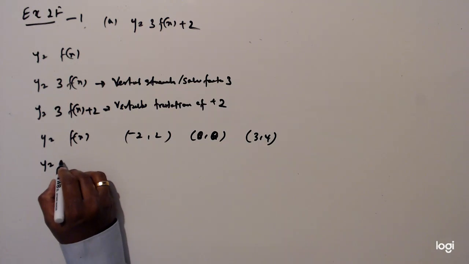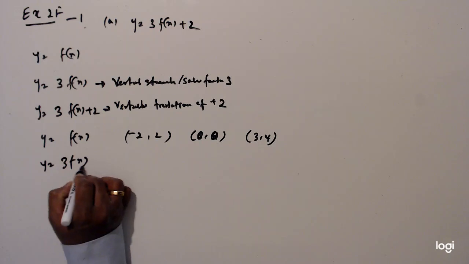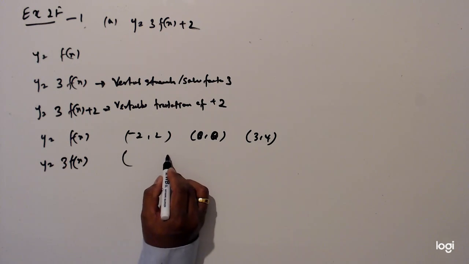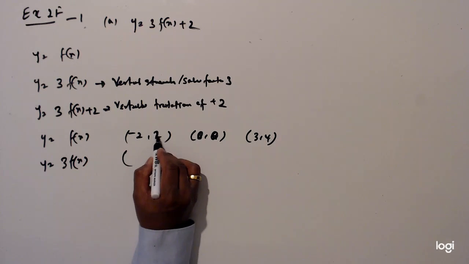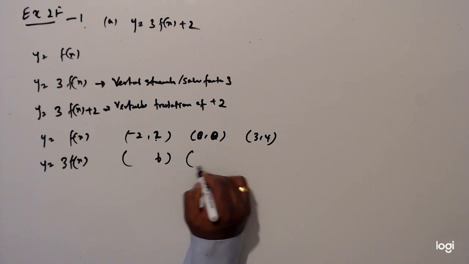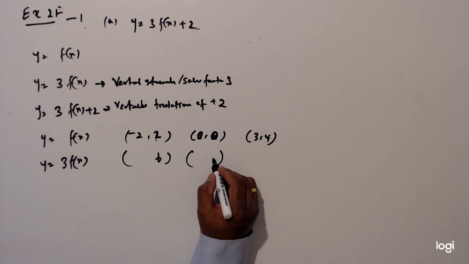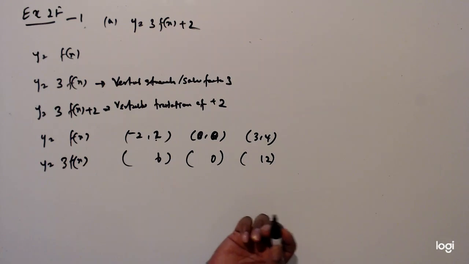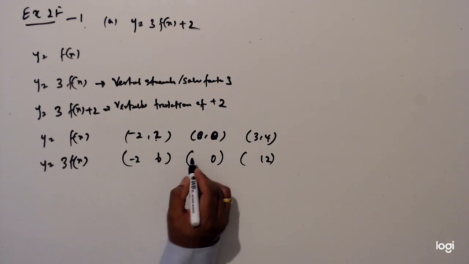Then y equal 3f(x), vertical stretch. So we have to multiply all the y values by 3. 2 times 3 is 6, 0 times 3 is 0, 3 times 4 is 12, and x stay the same.